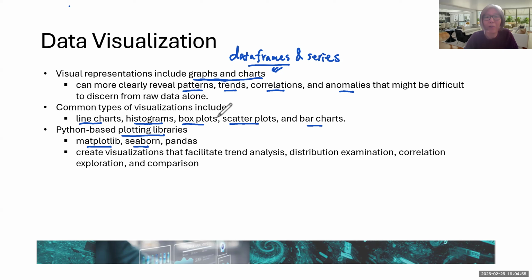Like it says over here, graphs and charts can help us do trend analysis, distribution, correlation, and comparison. All of this is going to help us find more information about how data is distributed, so quite helpful.